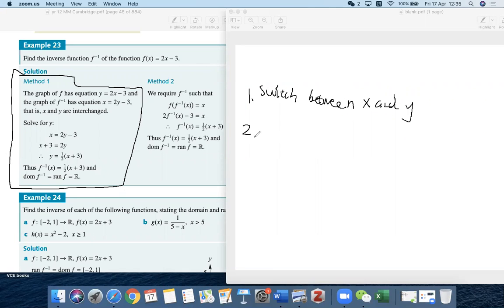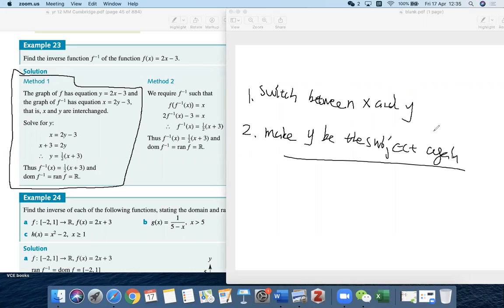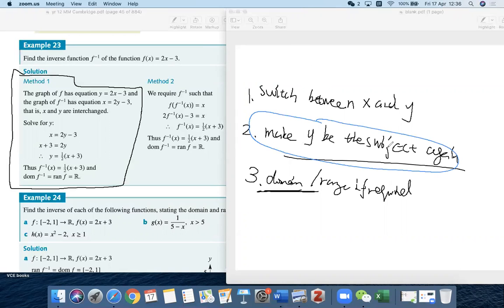The second step is to make y the subject again. The last part is to state the domain and range if required, but at least state the domain for the new function. Just make sure you know how to make y the subject again. This is a bit of a tricky part, but after practice you can get it.